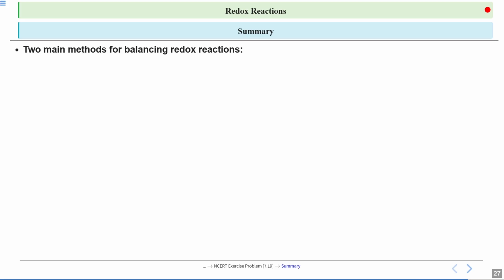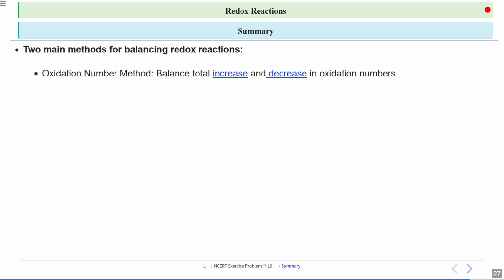So now the summary. In this lecture, we have covered the balancing of redox reaction. In the starting of the lecture, I told you that there are two main methods for balancing the redox reaction. The first one is the oxidation number method, and the main point in the oxidation number method is balancing the total increase and decrease in the oxidation numbers.